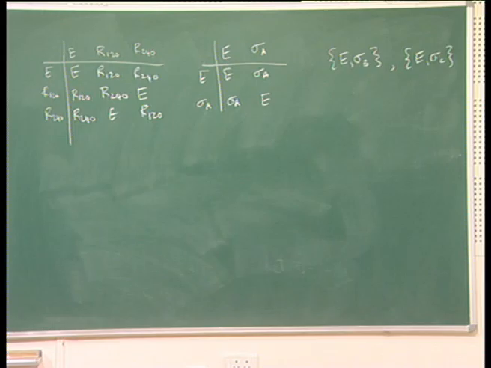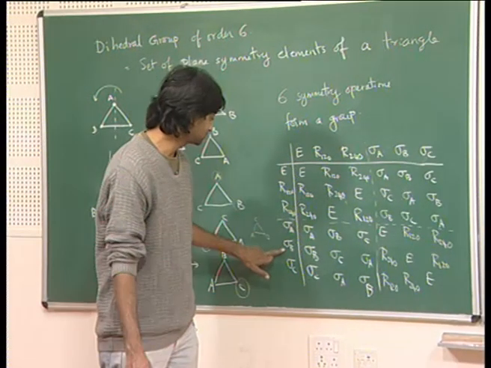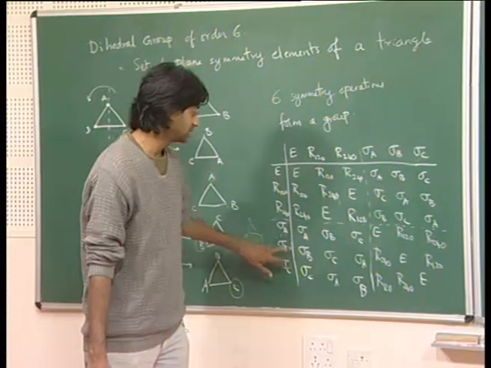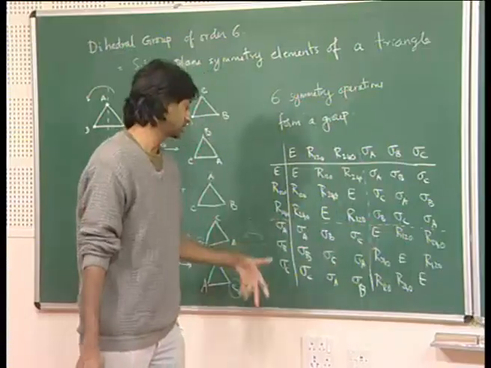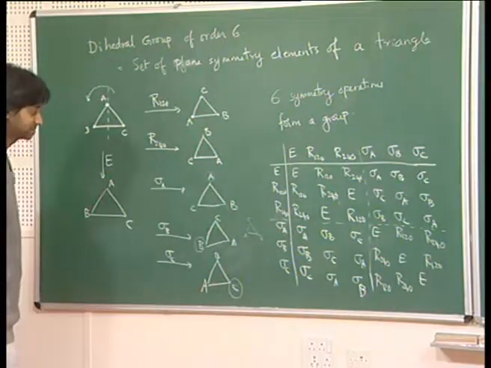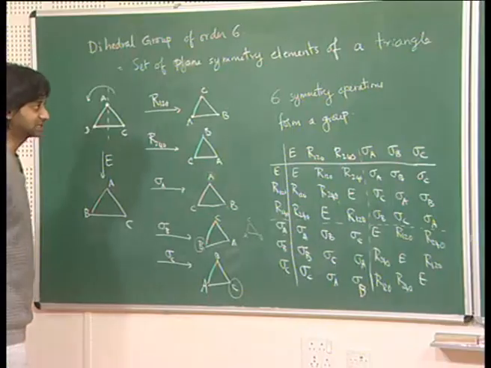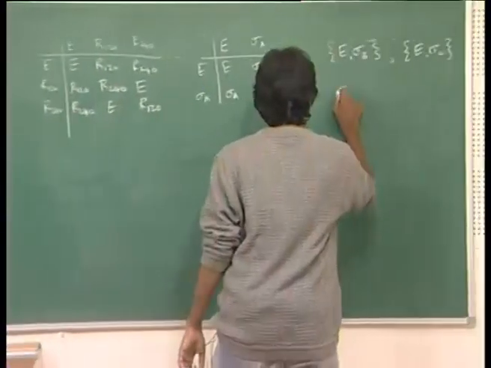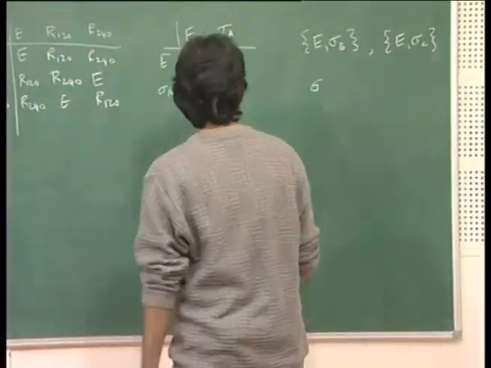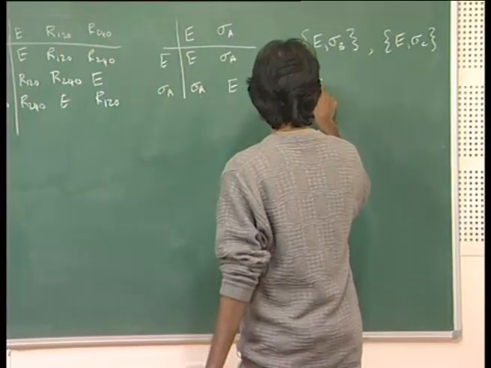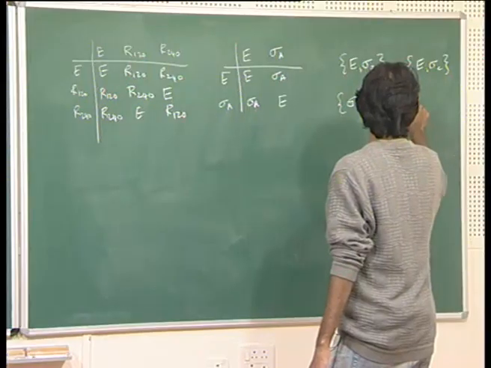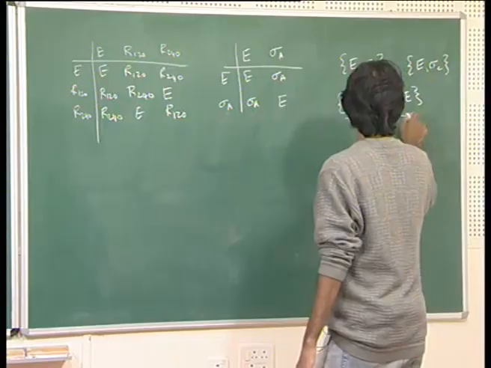Okay. I do not see any other subgroup, because if you involve any 2 sigmas, then you get rotation. So, you have to involve rotations. And the only other subgroup is the entire group G. And in addition, there is always this trivial subgroup which is identity. So, these two are the trivial subgroups.